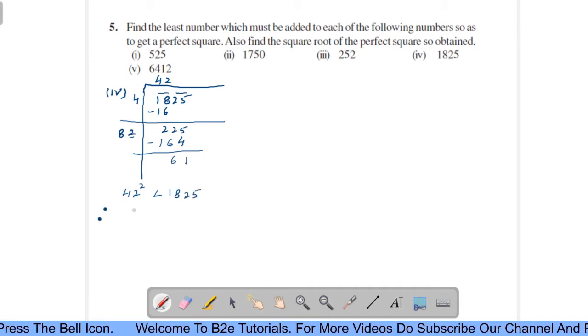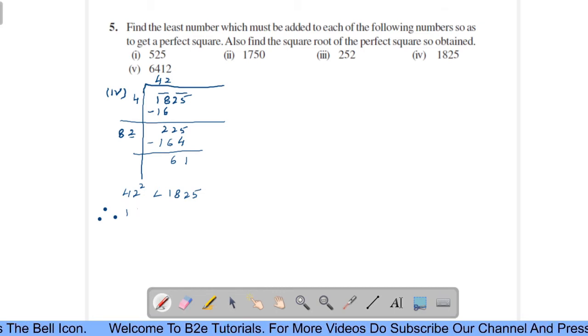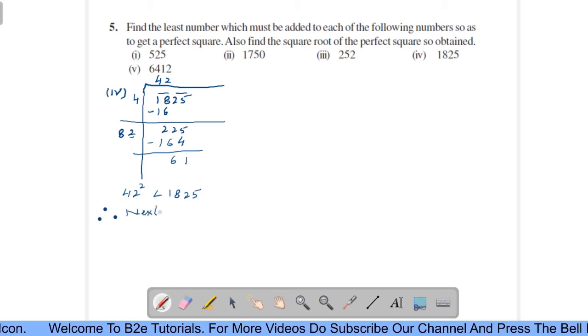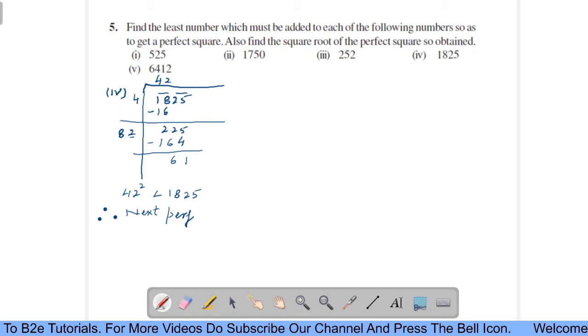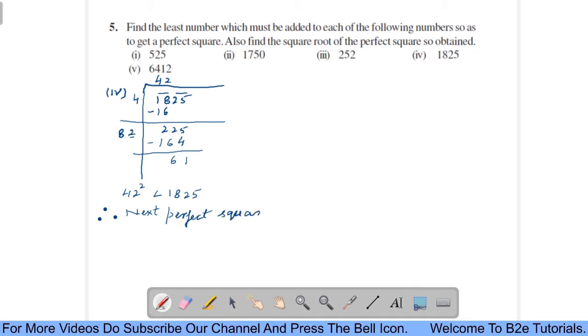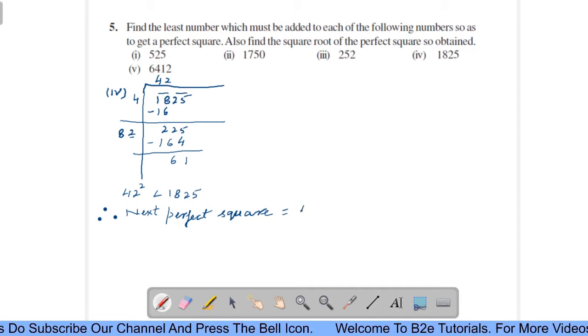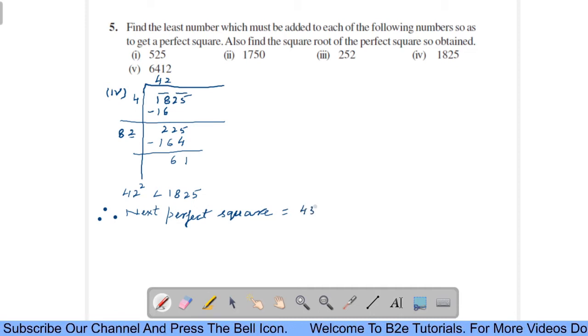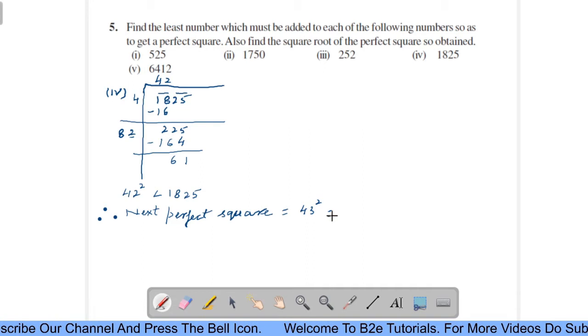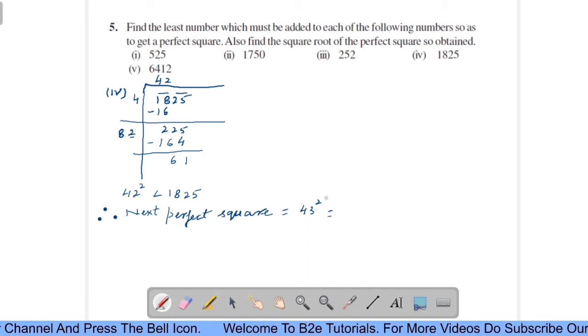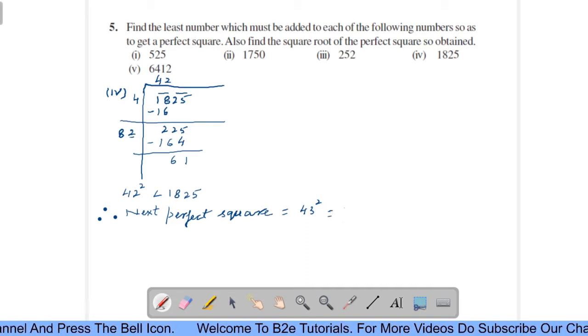Therefore, next perfect square, it is 43 square. What is the square of 43? It is 1849.